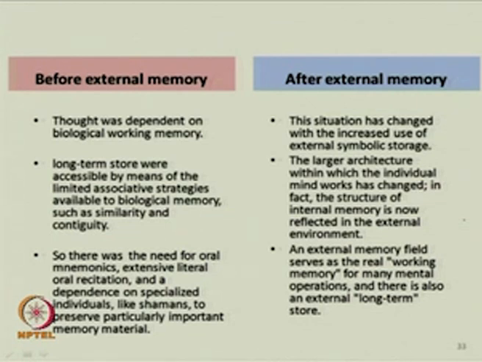Not everyone. The work was divided in such a way that only some people were engaged in storing memory. And who knows, this may have been the first kind of division of labor, of mental labor and physical labor, right? Some were assigned the task of retaining things in their memory.